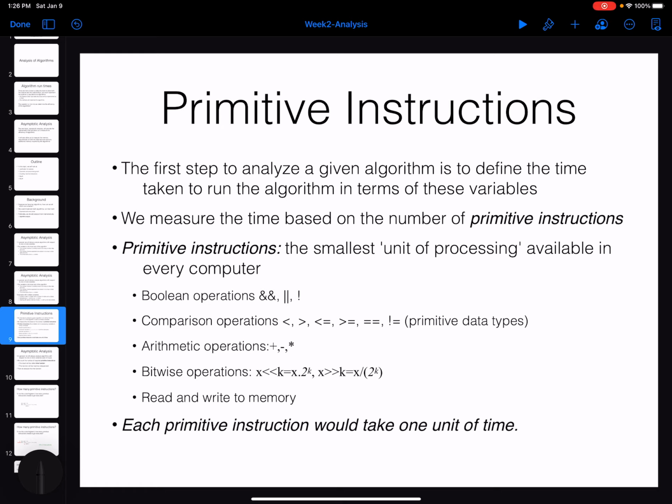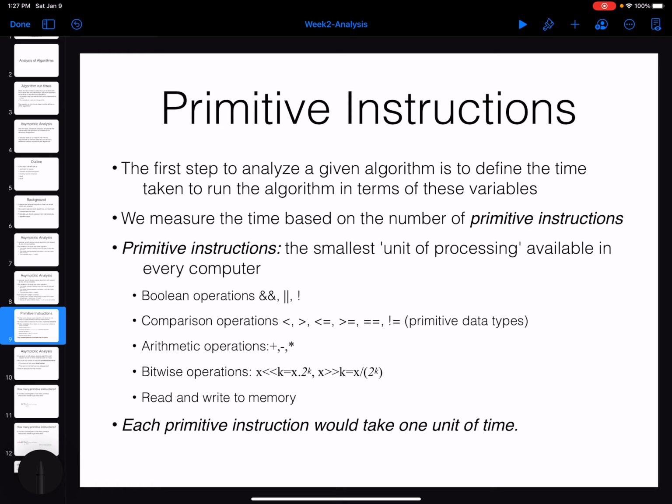So I need to define another measure. That measure is counting the number of simple instructions, which we call primitive instructions. This algorithm would, for example, take this many primitive instructions to be executed. What is a primitive instruction?